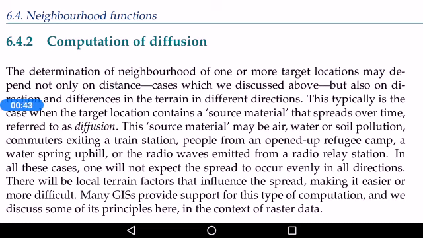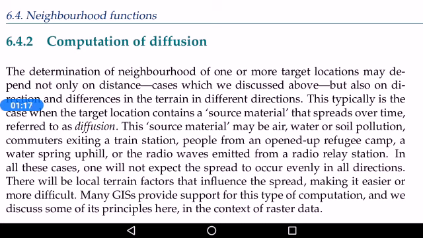Now, why are we thinking about the difference in terrain? Because these differences in terrains will provide some kind of resistance in the spread of that phenomenon. So we have a target location which might contain some source material, and that source material is going to spread over time in all directions based on the kind of resistance that is provided by the terrain characteristics.